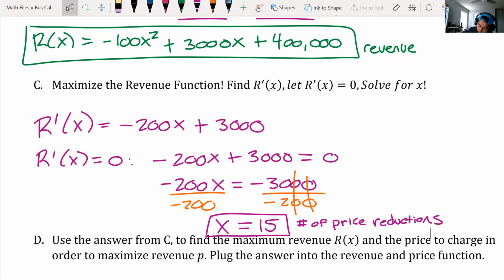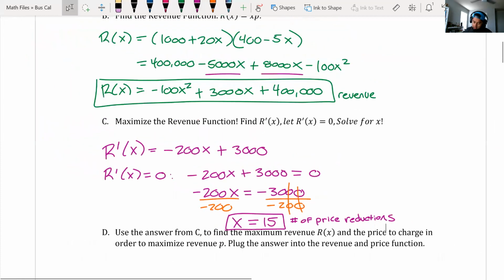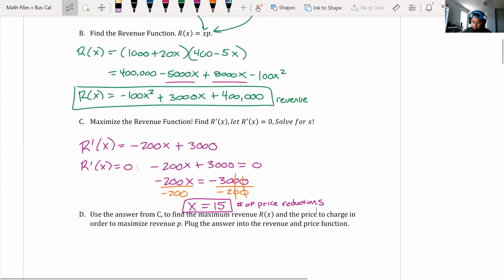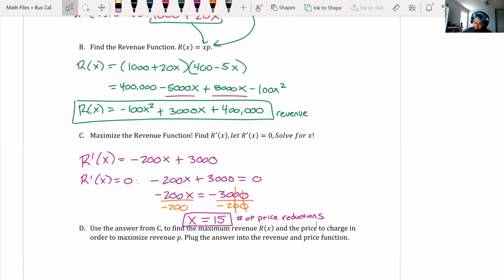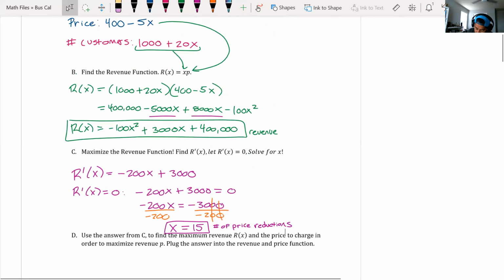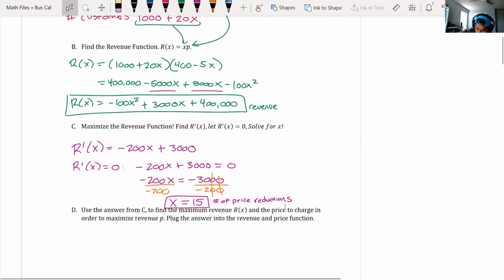Okay. And now all we have to do is take that 15, plug it into the revenue function, and then plug it into the price equation we made, and we should be done. Okay. So 15 into revenue. Let's do that first.